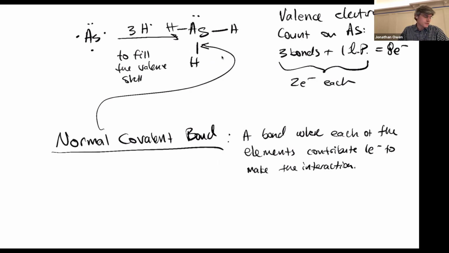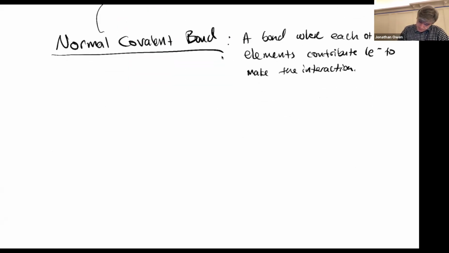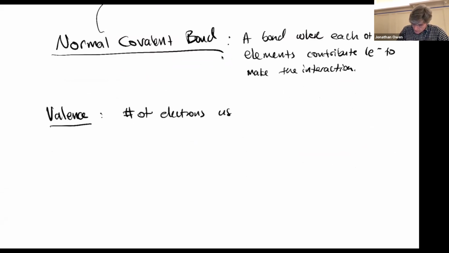That's what valence means. Valence is the number of electrons used to make bonds. You're going to run into other definitions, but the most rigorous one is the number of electrons used to make bonds.